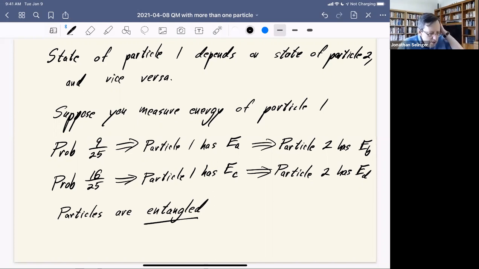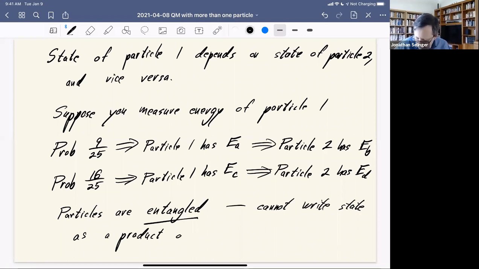Okay. So an entangled state is a state that is not a separable state, right? Entangled is basically not separable. That is, you cannot write the state as a product of single particle wave functions, a product of single particle states.